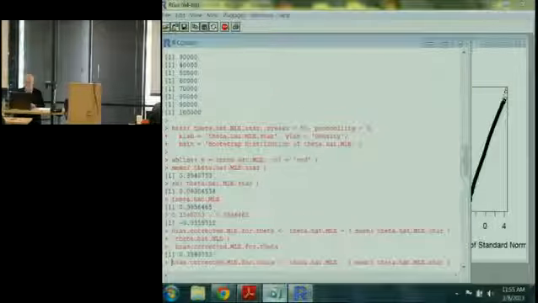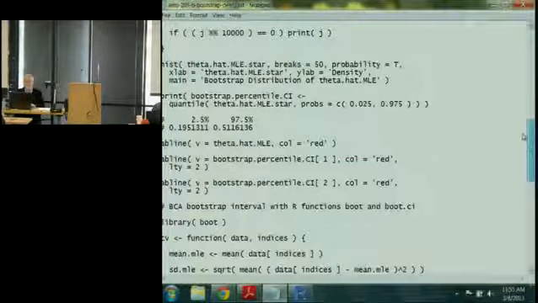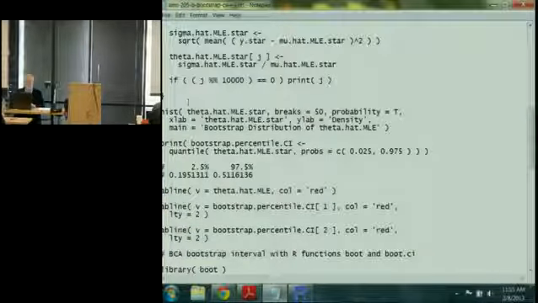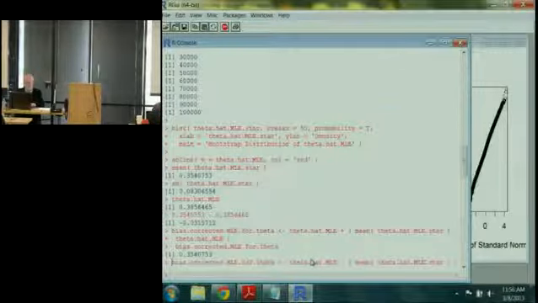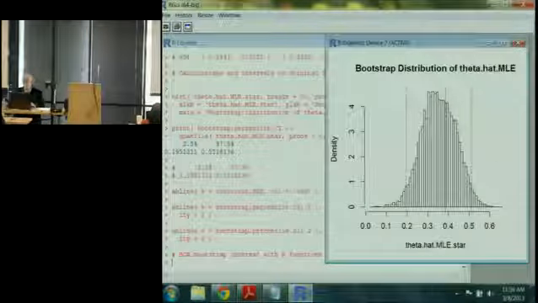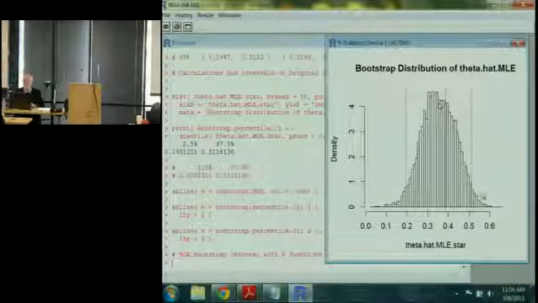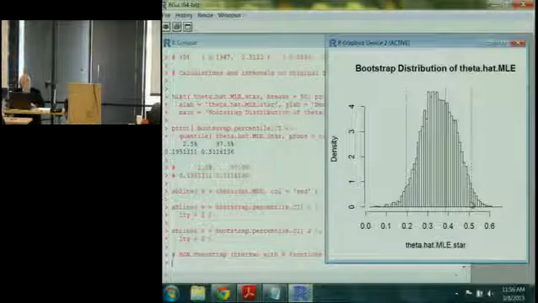So where's that code back here? The percentile idea was to stick with this distribution here and go 2.5% in from the left and 2.5% in from the right, correct? That's what we were just doing a minute ago.